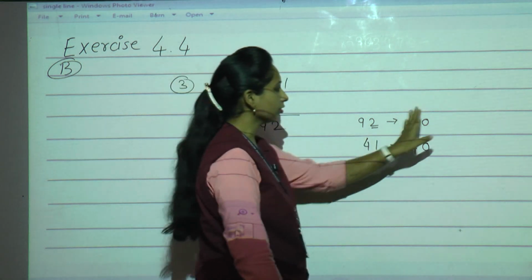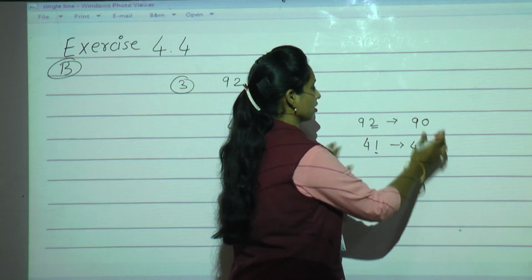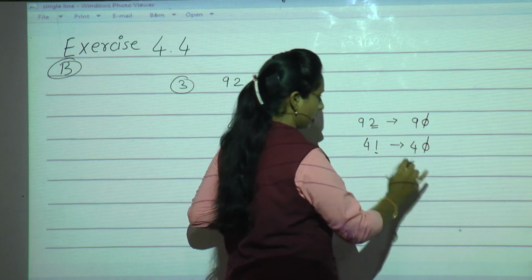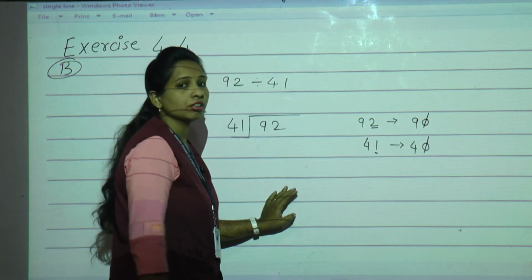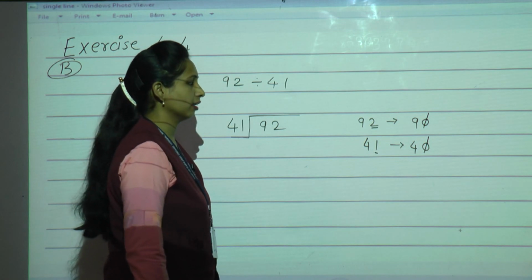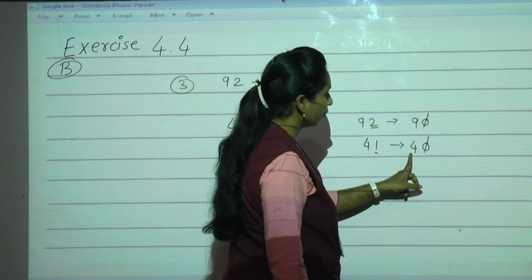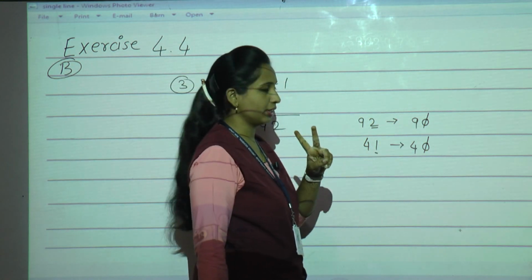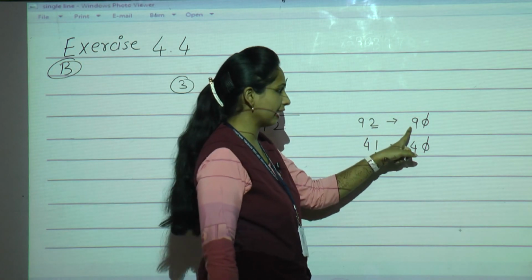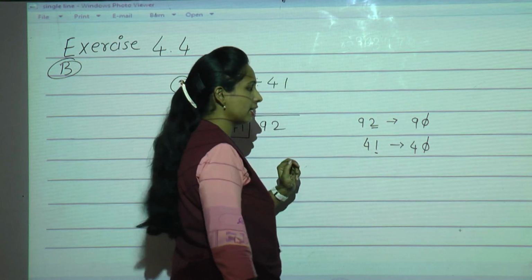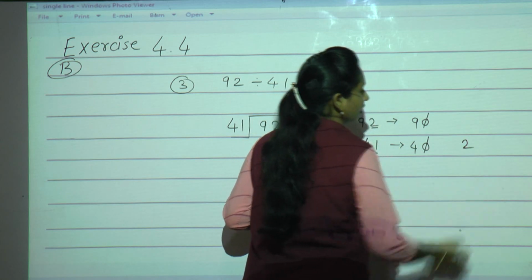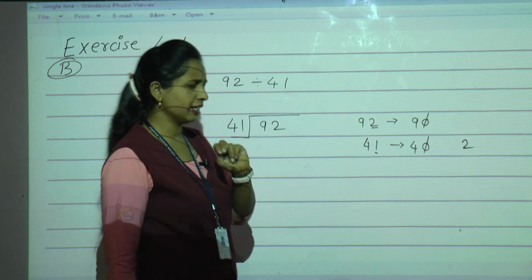Now if we close these 2 zeros, you can also cross them. What is remaining? 4 and 9. So how many times does 4 go into 9? 2 times. 4 2s are 8. 8 can go from 9. So what are we finding? The estimated quotient is near about 2.